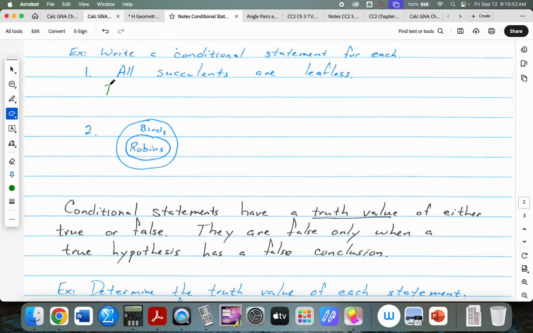So if something is a succulent, then it is leafless.